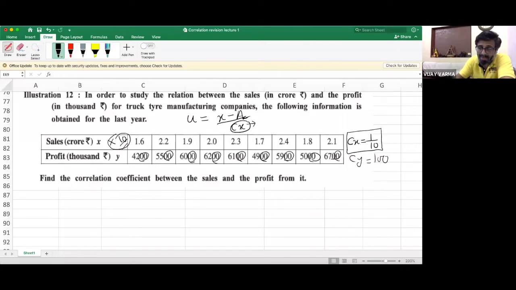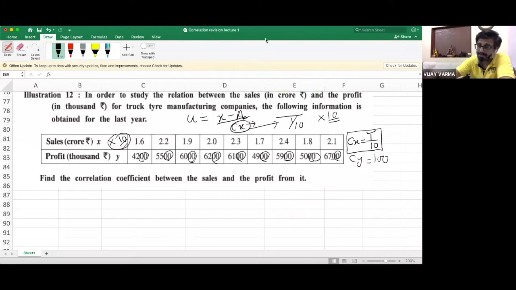Now, multiplying with 10 means you are dividing by what? 1 by 10. When you divide by 1 by 10, it is multiplied by the reciprocal, which becomes 10. So Cx is actually 1 by 10, the denominator.